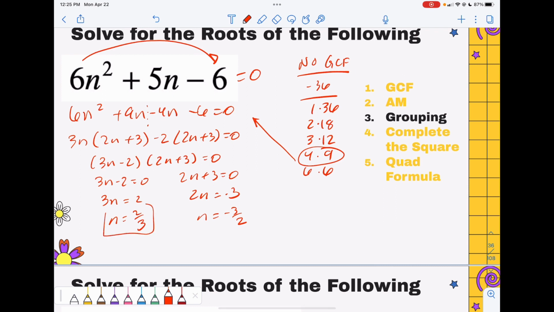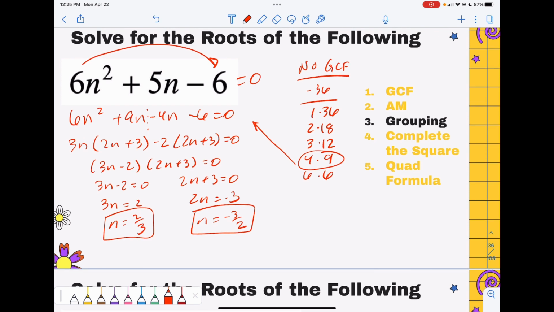And of course, n and these other variables, we could use whatever letter we like. These are representing our inputs, so these will be x-intercepts when we graph them on our xy coordinate plane.